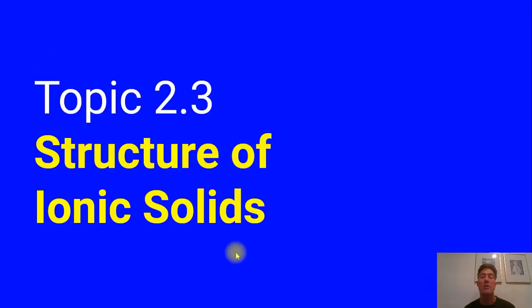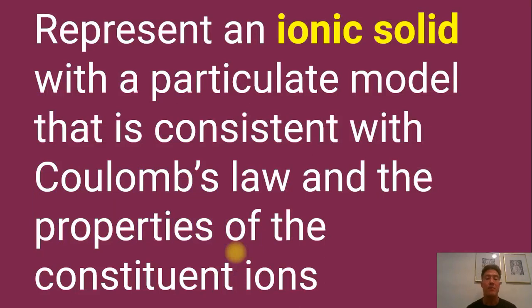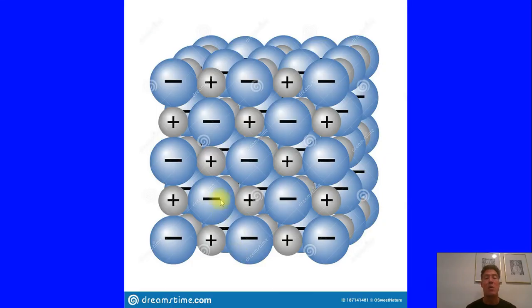That takes us to the structure of ionic solids. This is just regular Gen Chem stuff, but we're going to apply Coulomb's law to the properties of the ions. We know that ions form a giant crystalline lattice, an array. It's not just one chloride hanging out with one sodium.